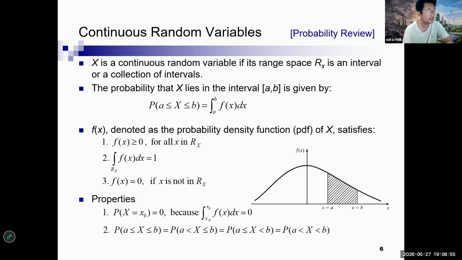Yeah, this is the random variables, continuous random variables. Why is it called the probability density function? Because it will represent the area under the curve. How large is this area? So if it is just a dot like this one, the probability will be 0.